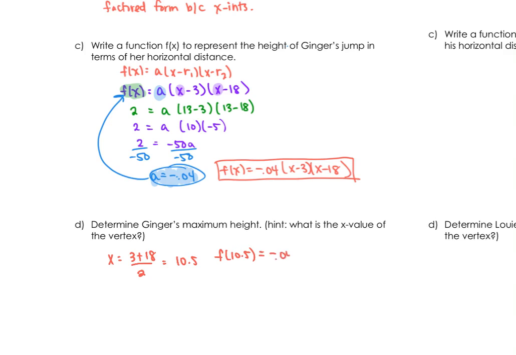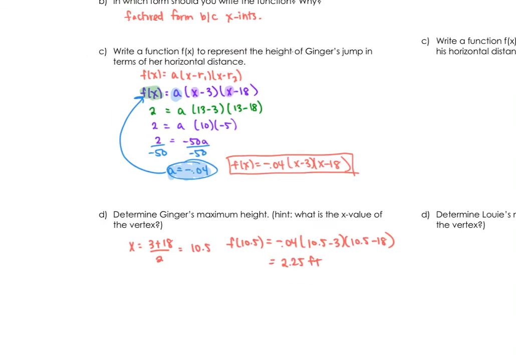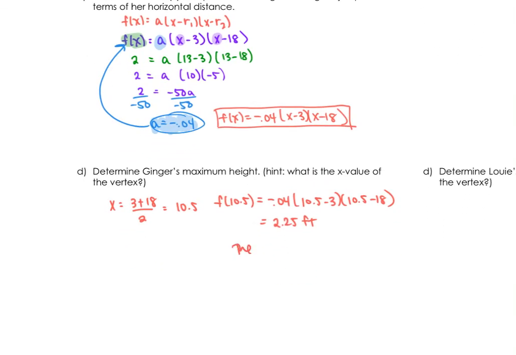So it's negative 0.04 times 10.5 minus 3 and 10.5 minus 18. You should get 2.25 feet. So the maximum height is 2.25 feet.